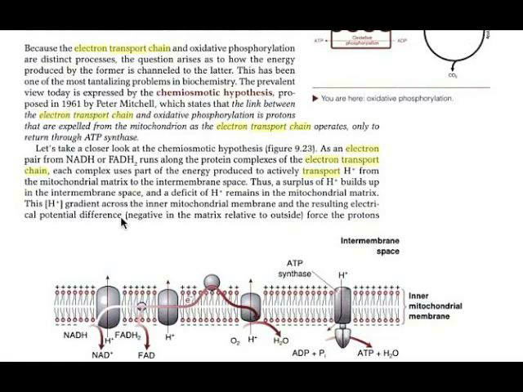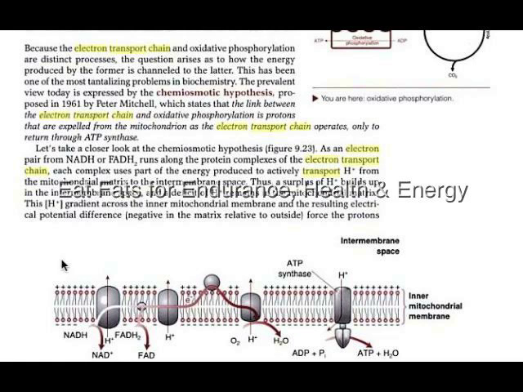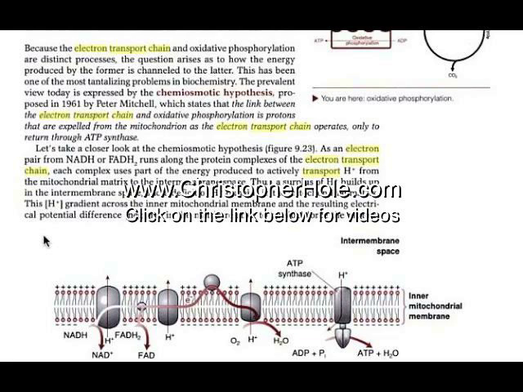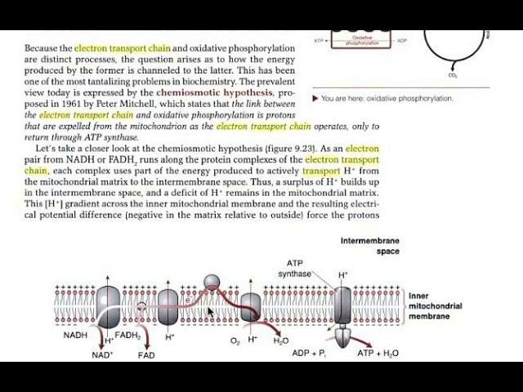Okay, so what's happening here? You've got these high energy electrons which are buzzing. They're in a sort of high electrical state, I guess you could call it. And then as they're passed along the electron transport chain, this is the mitochondria in here, and then you've got the inner mitochondrial membrane. As they're passed along through here, we get all these H+.